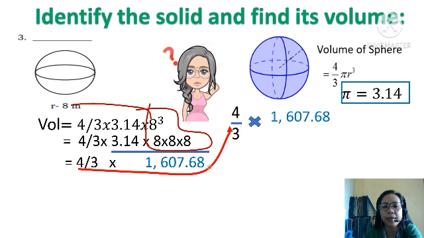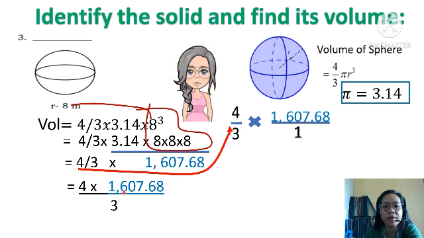Okay? Gets nyo? So, kapag ka-multiply na natin yan, 4 times 1,607.68 equals 6,430.72. Okay?